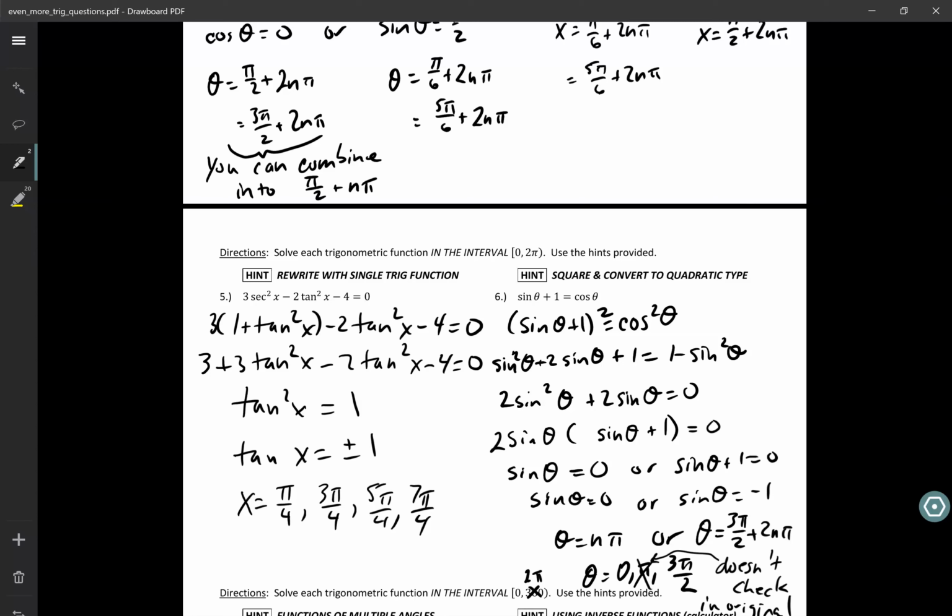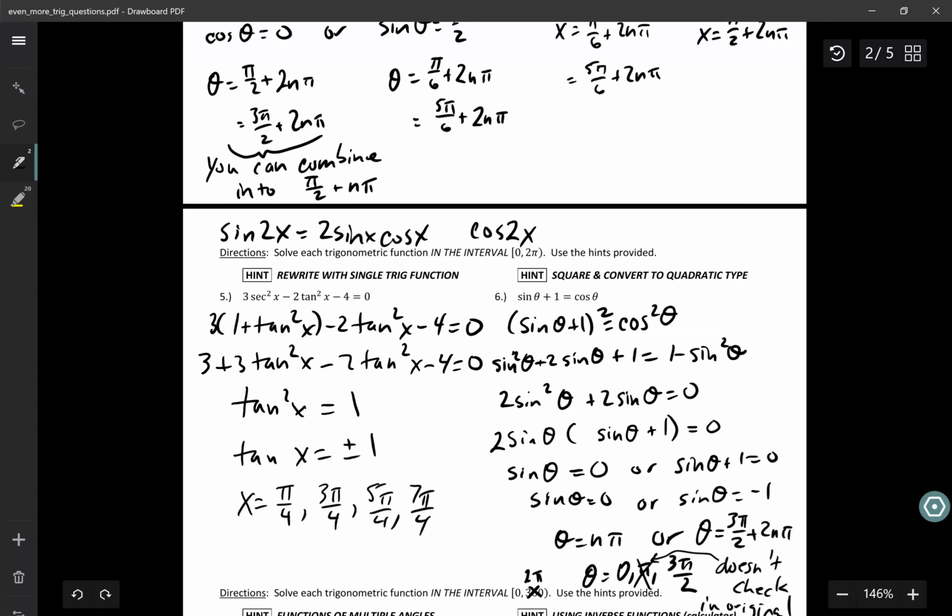There's probably 3 identities that you'll use quite often. You've got your Pythagorean identities, which we used here, but also don't forget the sine of 2x. Just break it up as 2 sine x cosine x. That's one of them we'll use. Another one is cosine of 2x.